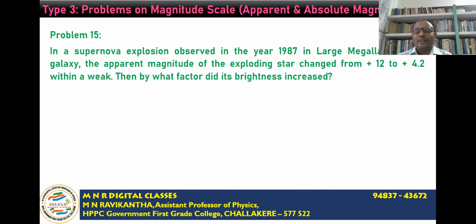We already know from the previous problem the relation between the apparent magnitude and the brightness: M2 minus M1 is equal to 2.5 log of B1 by B2. Using that, find the increase in brightness.